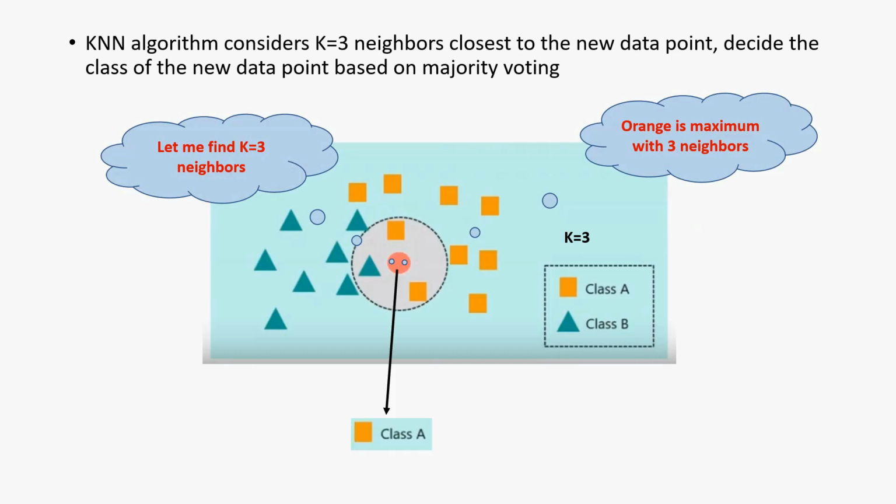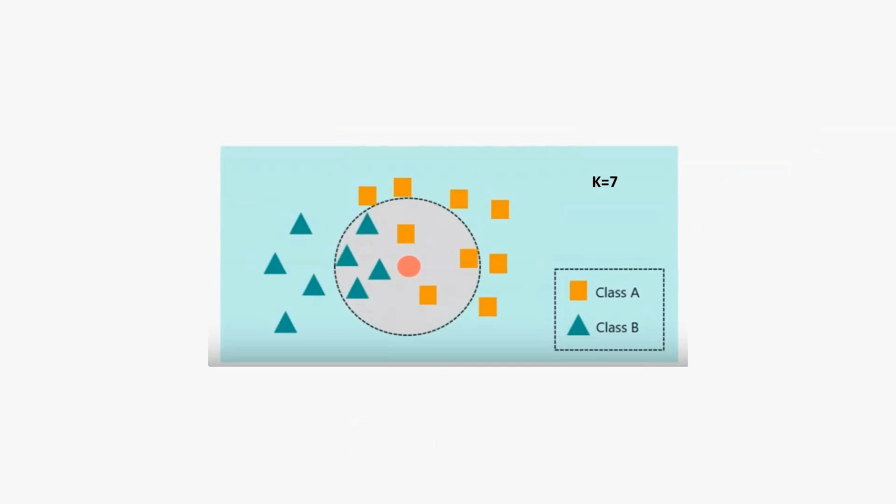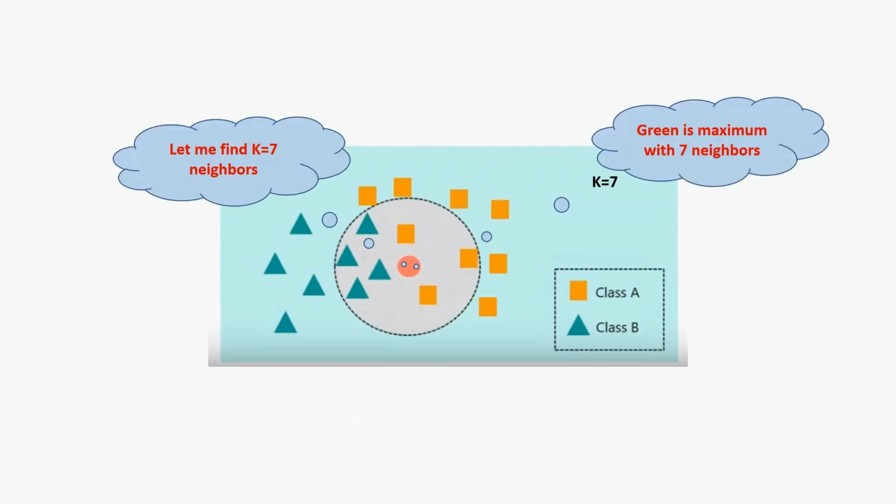Now we consider K equal to 7 neighbors. When we consider K equal to 7, 4 neighbors belong to class B, that is green color, and 3 neighbors belong to class A, that is orange color. So based on the majority voting, green is the maximum among the 7 neighbors.